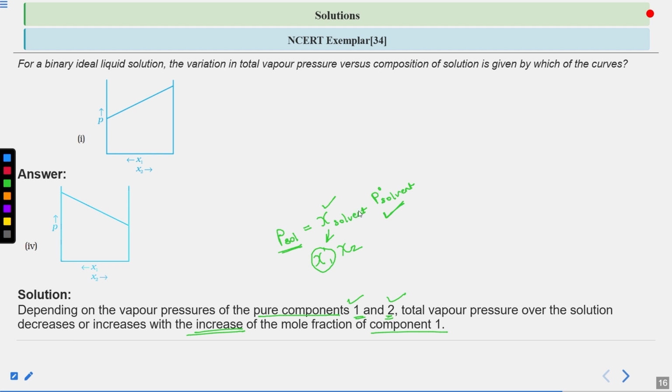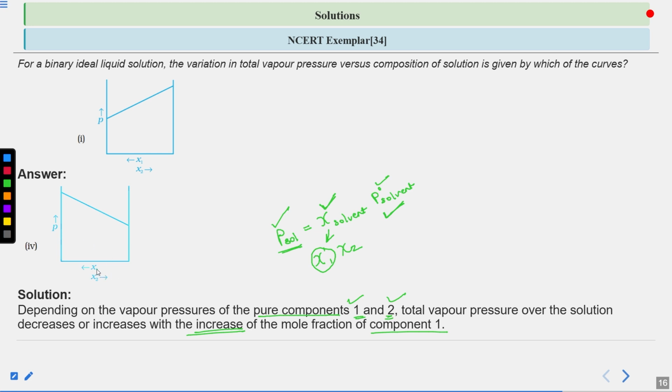Just take it as a constant that the mole fraction of component 1 is increasing. Whether the total vapor pressure increases or decreases depends upon the pure component vapor pressures of 1 and 2. That's why we have two answers for this question.